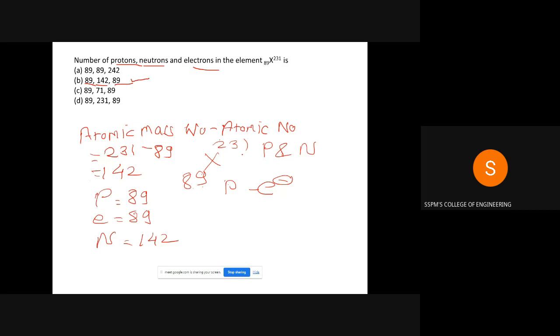Then, the electronic configuration of the silver atom in the ground state. The ground state electronic configuration is 4d10 and 5s1.